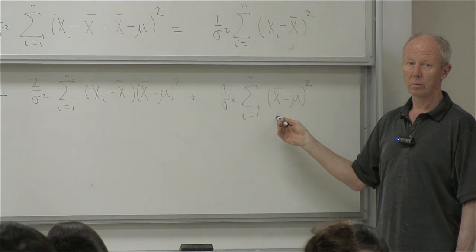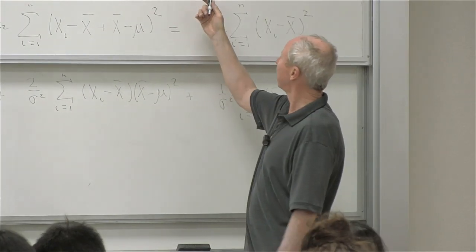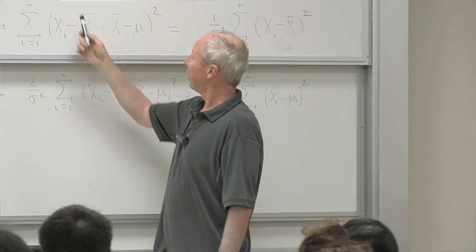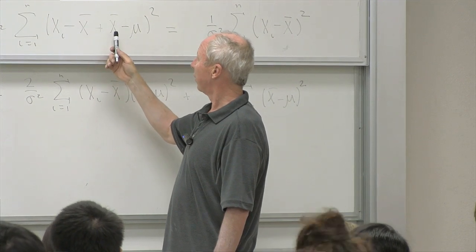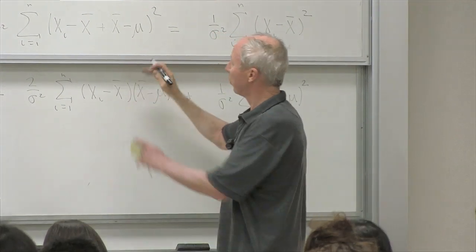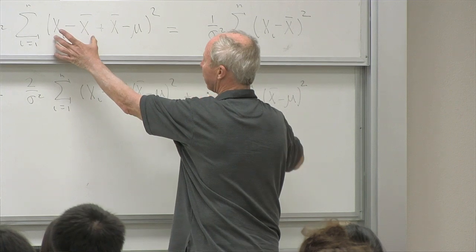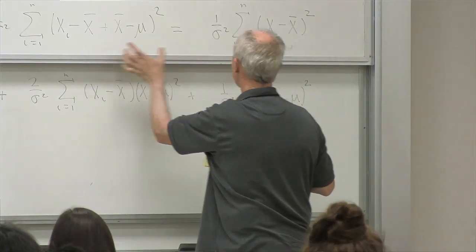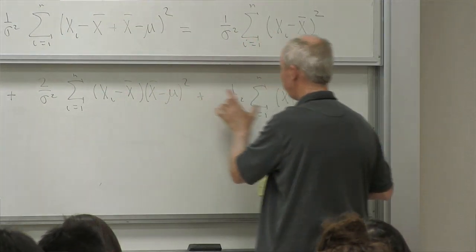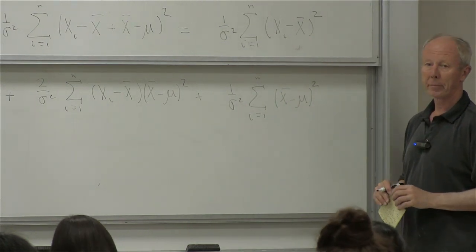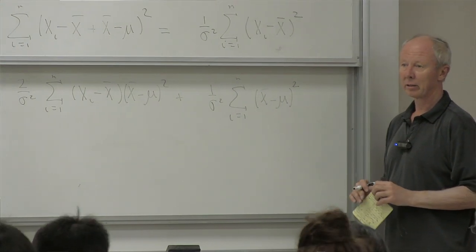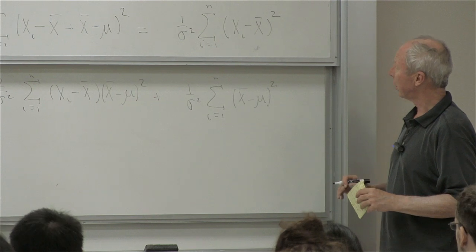I start with my chi squared with n degrees of freedom, and I subtract x bar and add x bar in each term. Then when I square that, I think of it as (a plus b) squared, which is a squared plus 2ab plus b squared. Nothing you're not completely familiar with.